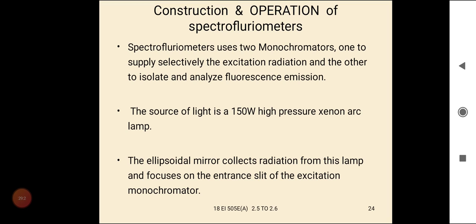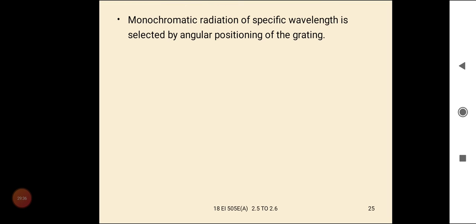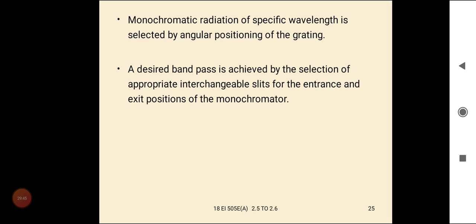The ellipsoid mirrors collect the radiation from the lamp and focus it on the entrance slit of the excitation monochromator. Monochromatic radiation of a specific wavelength is selected by the angular position of the grating. A desired band pass is achieved by the selection of appropriate interchangeable slits for the entrance and exit positions of the monochromator.